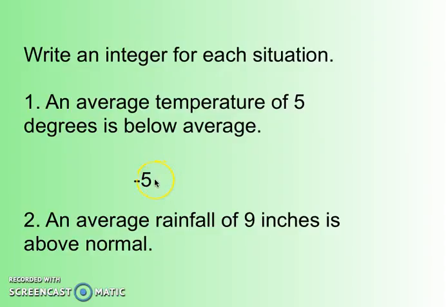Now notice that my integer has no labels, nothing attached to it. I don't have a degree sign attached to it, because when you're writing an integer, it's just a number. It doesn't include a unit of measurement. Like this next one, it says an average rainfall of 9 inches is above normal. Well, the keyword above would mean positive.